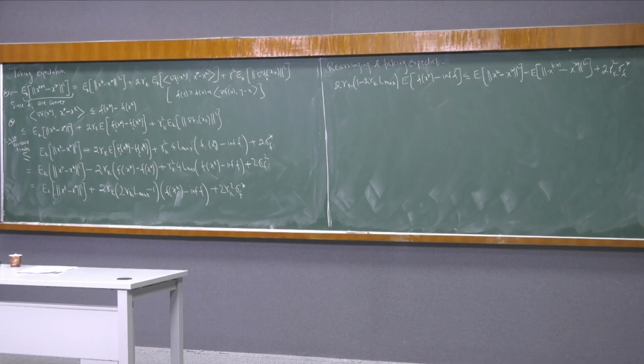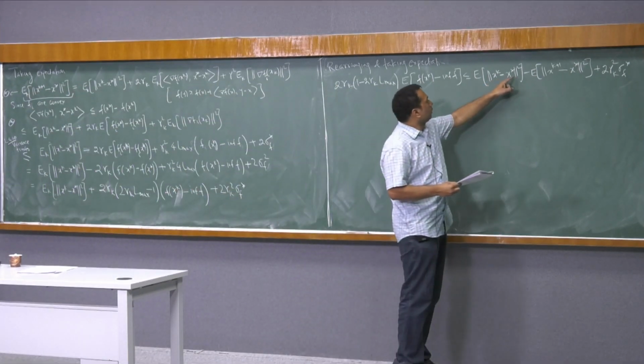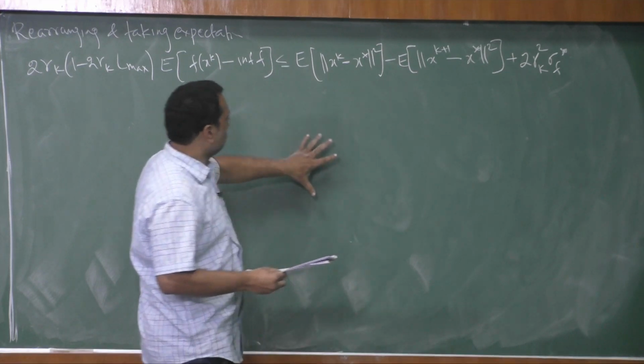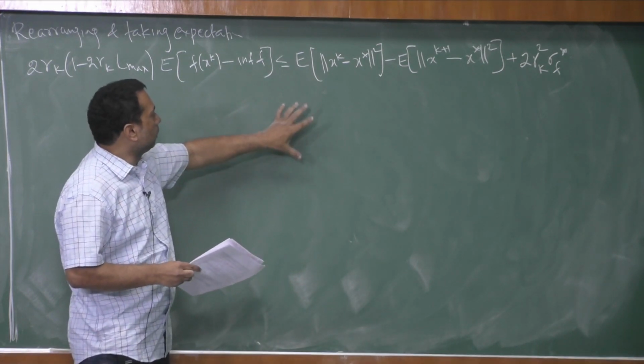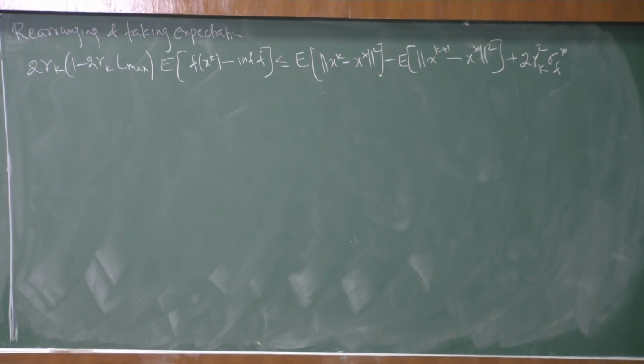Now we will sum from k equals 0 to t minus 1. Essentially, in the theorem statement, the final things that you want, no intermediate k should remain. Because if in the bound on the right hand side you have some k there, then the bound is not really a bound, as k remains a variable.